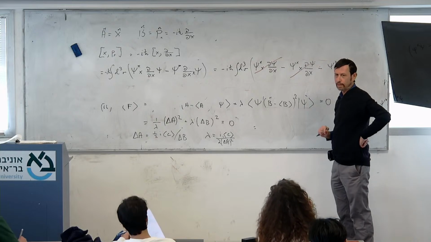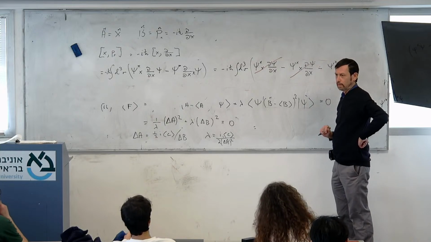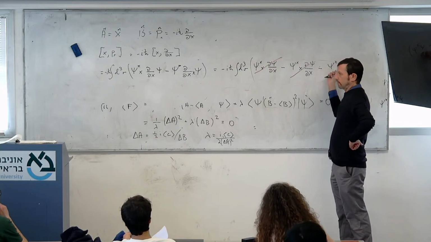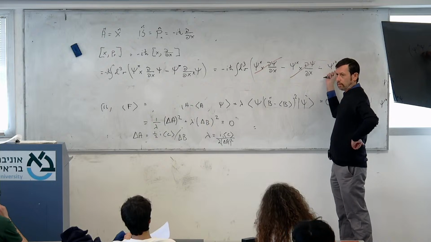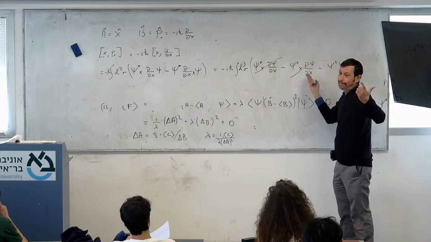What is the result of the remaining integral?